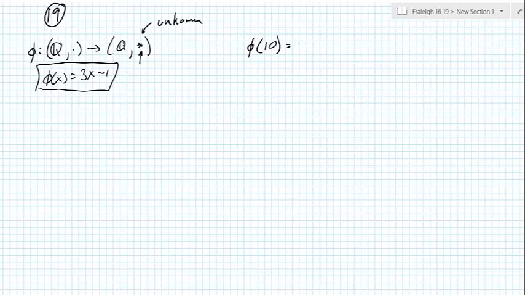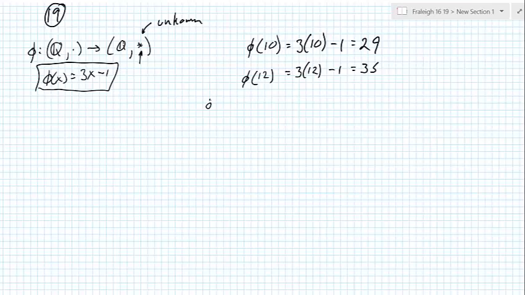Goes to 3 times 10 minus 1, which is 29. Or phi of something else with good factors. How about 12 is equal to 3 times 12 minus 1, which is 36 minus 1 is 35. So that's what phi looks like.